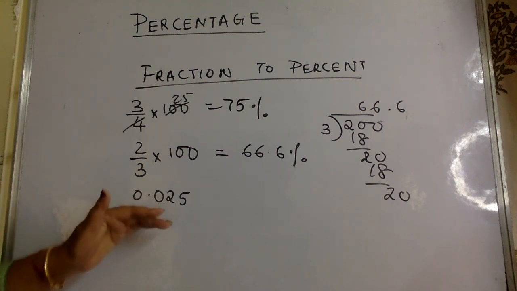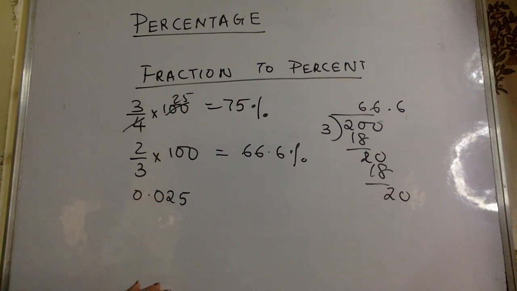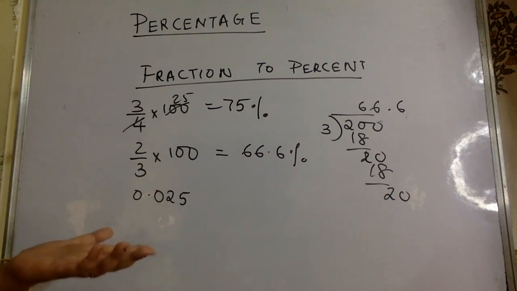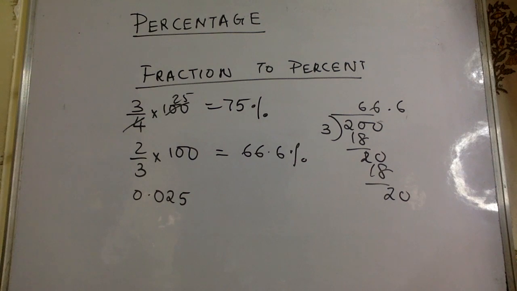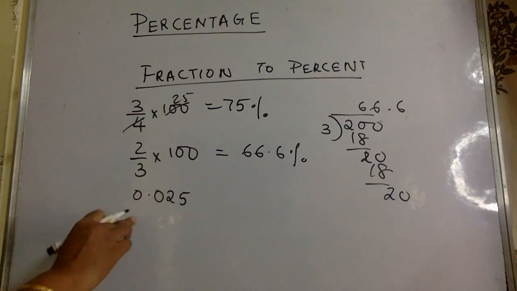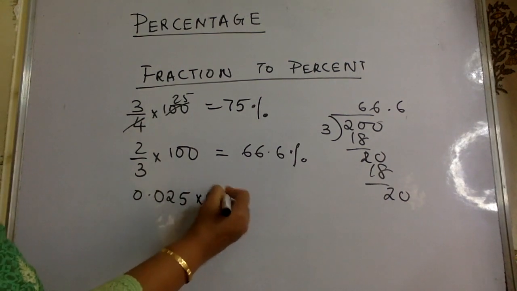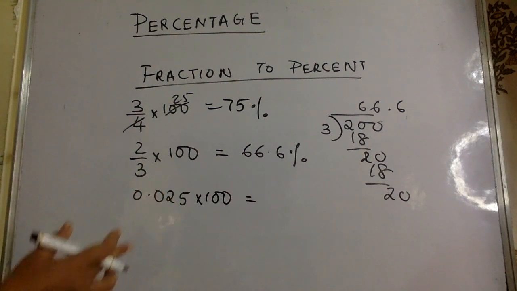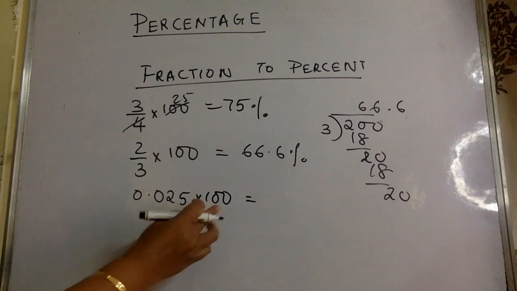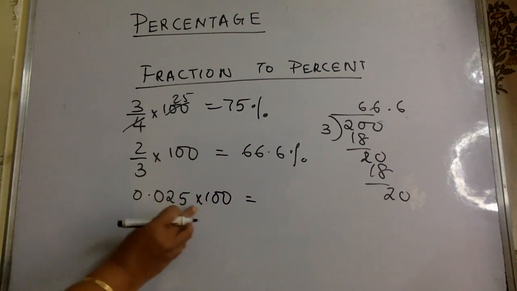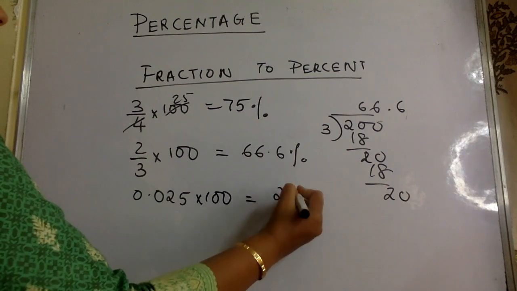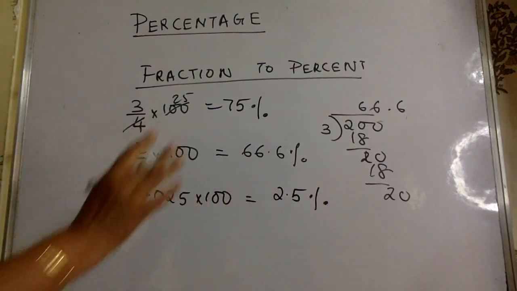The ones in which the denominator is 10, 100, 1000 or 10,000, a combination of 1 and zeros, so 10 and powers of 10. Here you multiply with 100. By the rule of decimal multiplication, if you have doubt in this, you can check my videos. With 2 zeros, the point will shift to the right 2 places. That gives 2.5%. That is it.